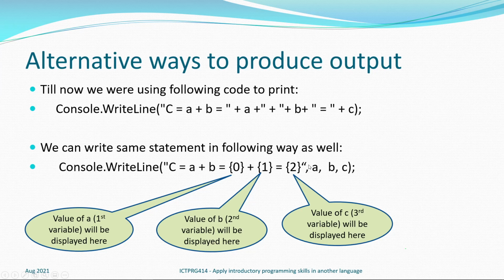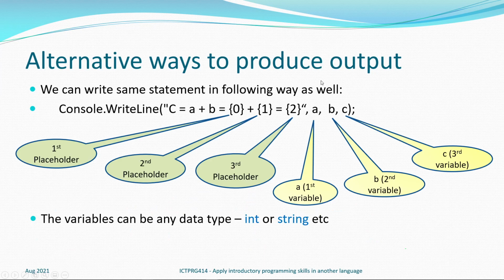Close the text off, put in a comma, and then list the variables. The first variable goes in the first placeholder. Second variable goes in the second placeholder, so on and so forth.